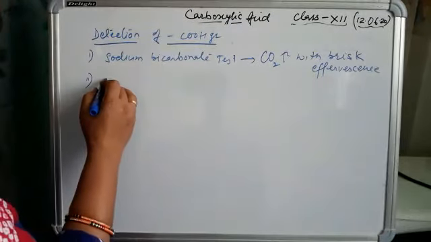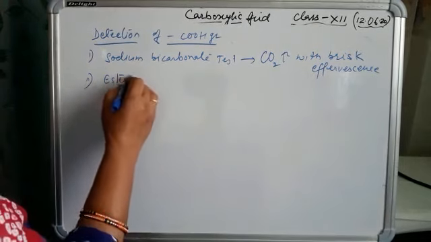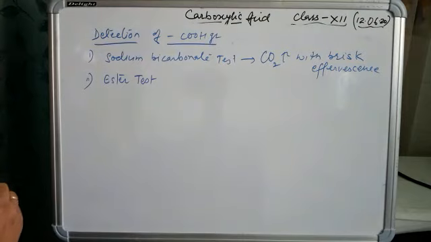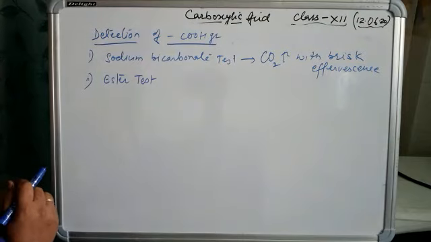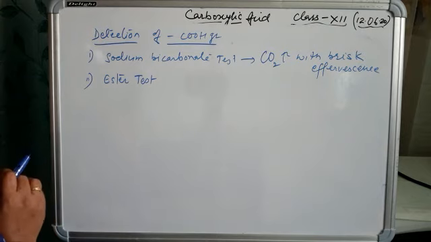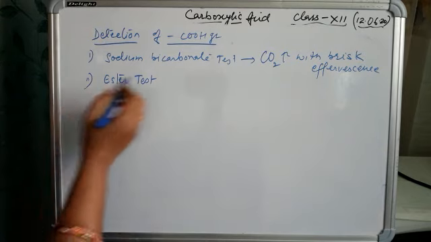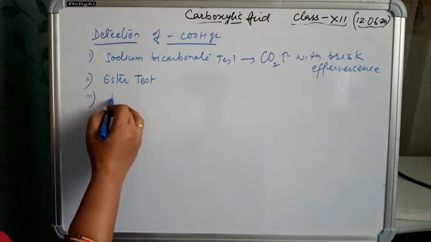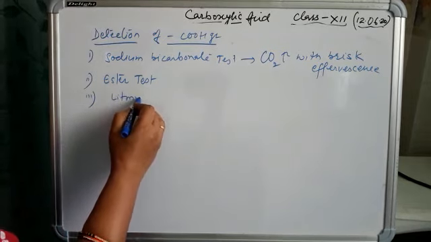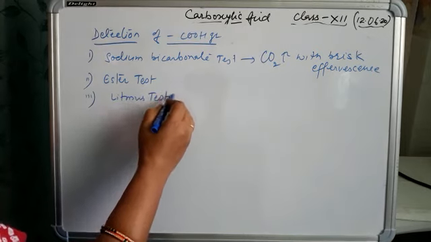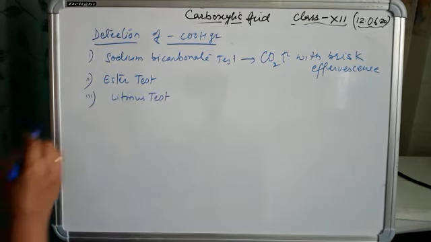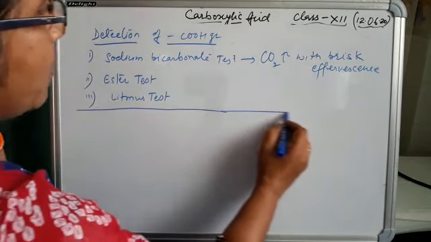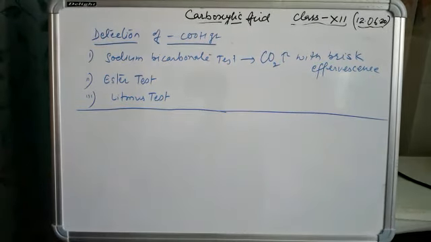It gives ester test. We know that carboxylic acid treated with alcohol in presence of catalyst H2SO4 gives a fruity smell compound which is called ester. COOH also gives the litmus test. It turns blue litmus to red.